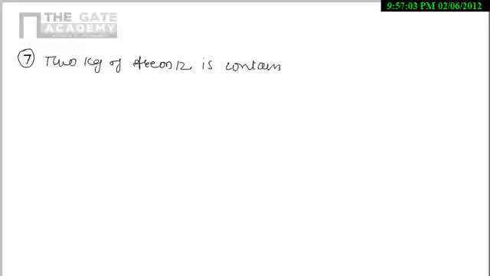Now let's take another problem based on properties of pure substance. I am just writing the problem here. 2 kg of Freon 12 is contained in a piston cylinder arrangement.